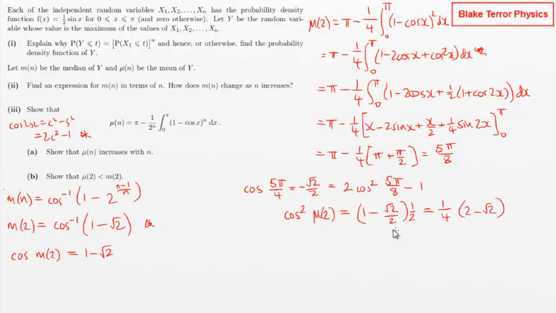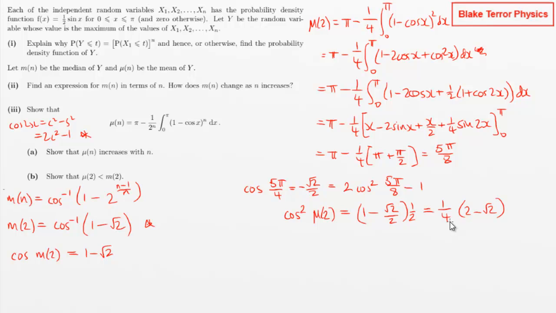Okay, so what can I say about these things? I mean, that's negative, and what do I know about this angle? The cos of that is negative. Cos of 5 pi over 8 would be negative as well.